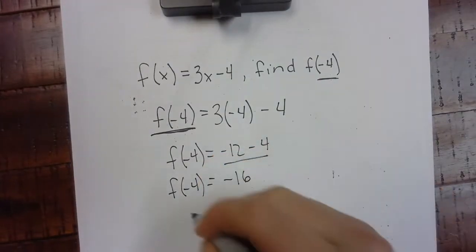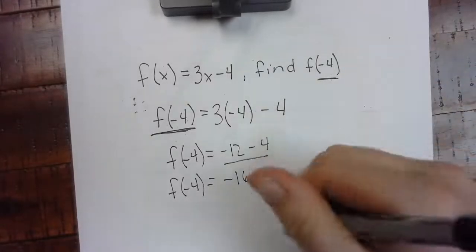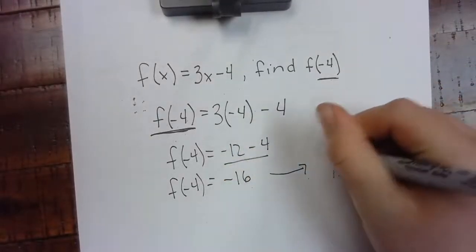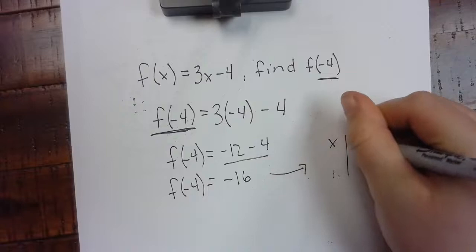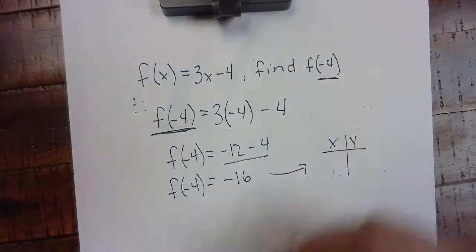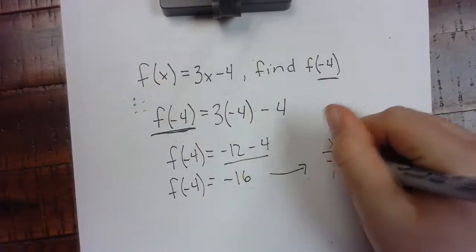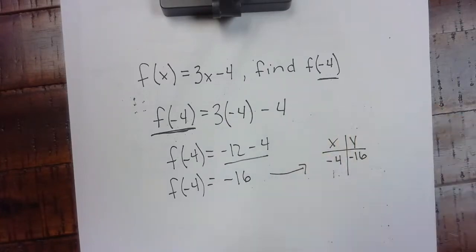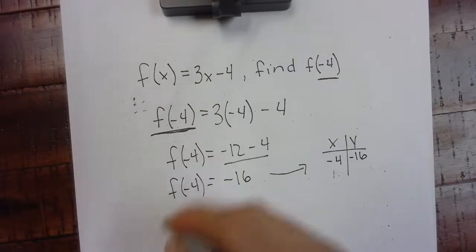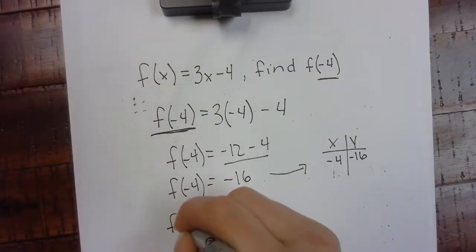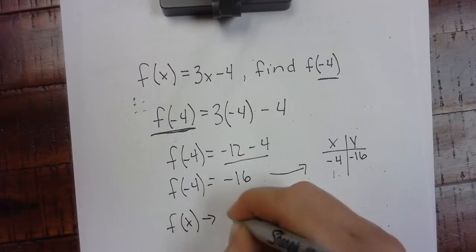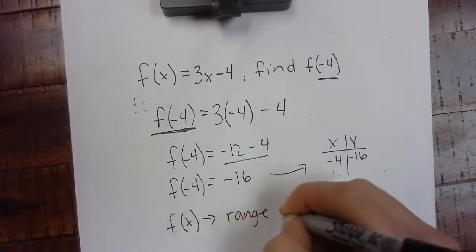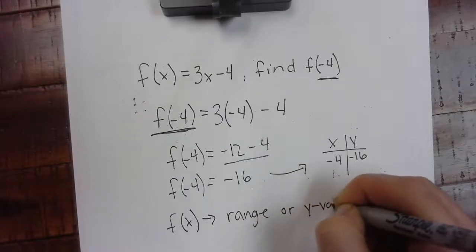Which means that, putting in our little x and y here, when our x is negative 4, our output is going to be negative 16. That just means that f of x is another fancy way of saying the range or y value.